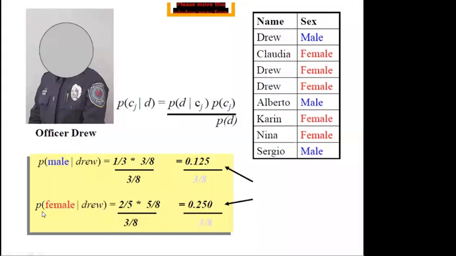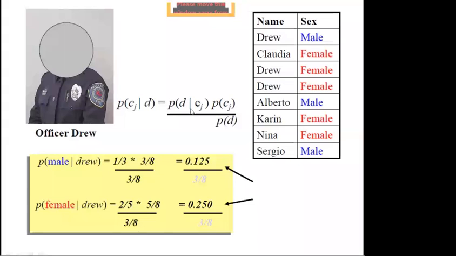Now let's see probability of Drew being female. Here, 5 times female names are there. Among those 5 times, 2 times Drew is present. So that is 2 by 5. Is it clear?